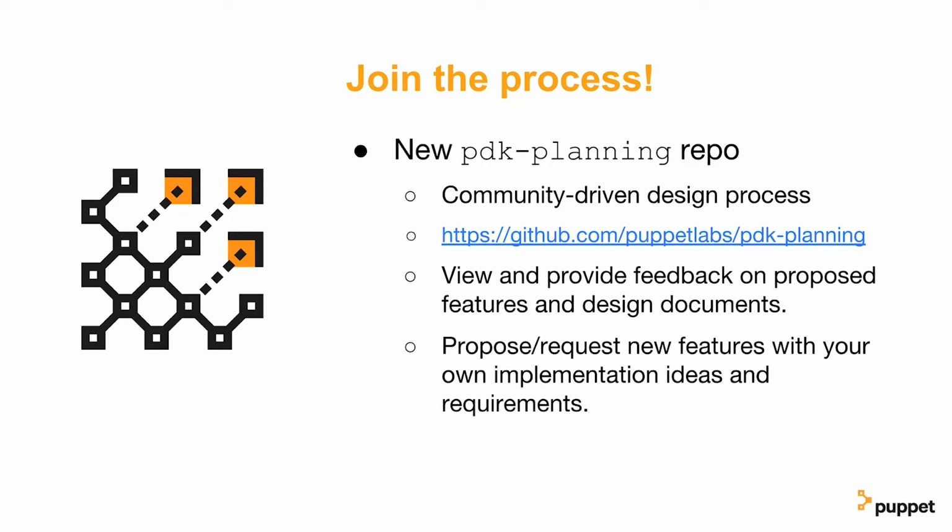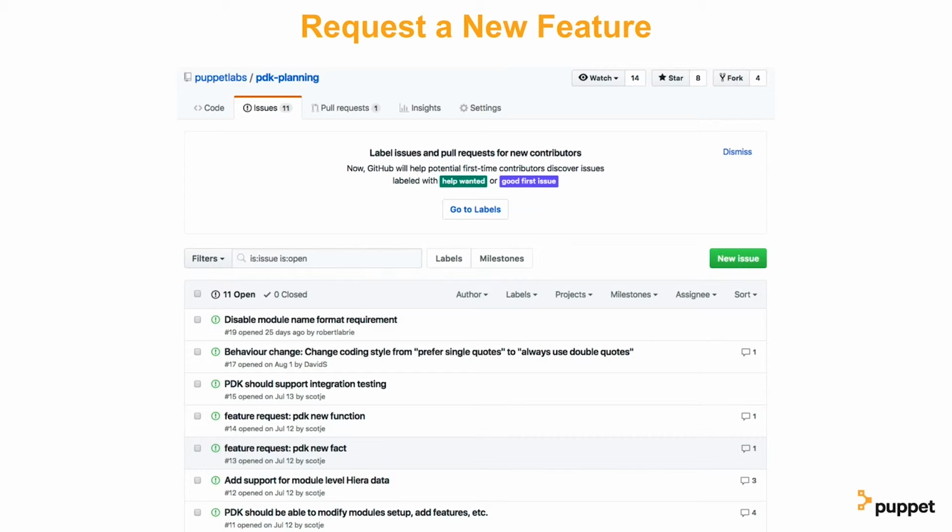This repo will have places for people to request features and to review and provide feedback on new feature designs. So if you have a new feature request, something essential to your module development that isn't currently in PDK, then please submit the request with a detailed description to the PDK Planning Issues Tracker for consideration.